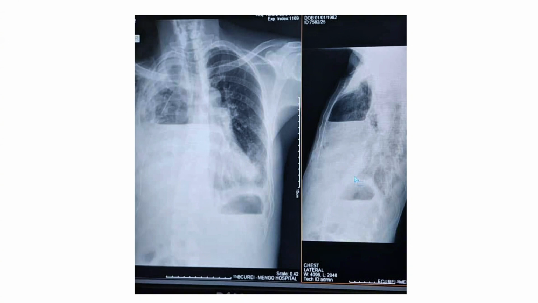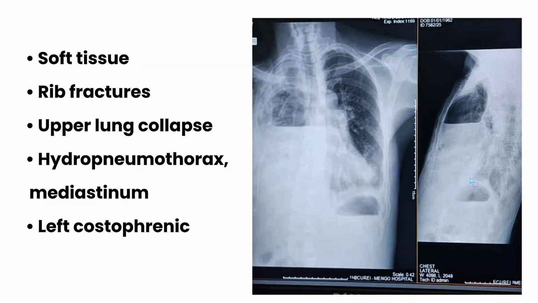Going with what we were saying earlier on, in order to make a good report, you should systematically assess all aspects of the chest radiograph. And here we start with the soft tissues. The soft tissues here were cut off, but there was a bit of subcutaneous emphysema, lucencies in the soft tissues, and of course we have definite rib fractures.